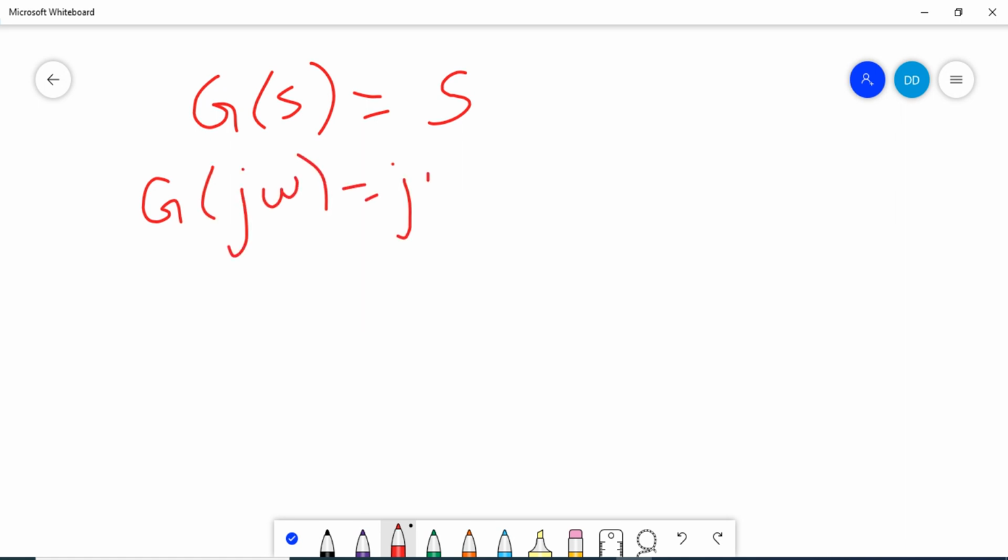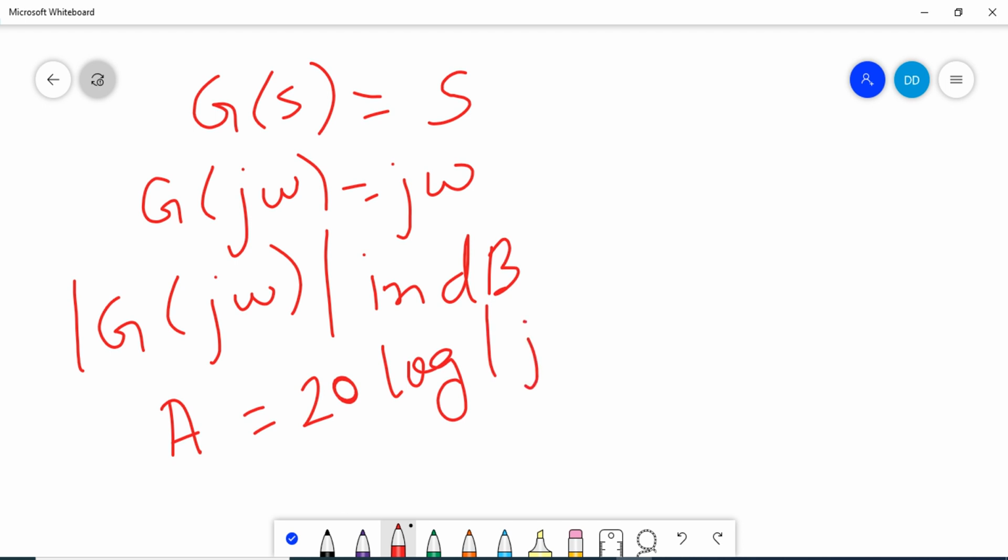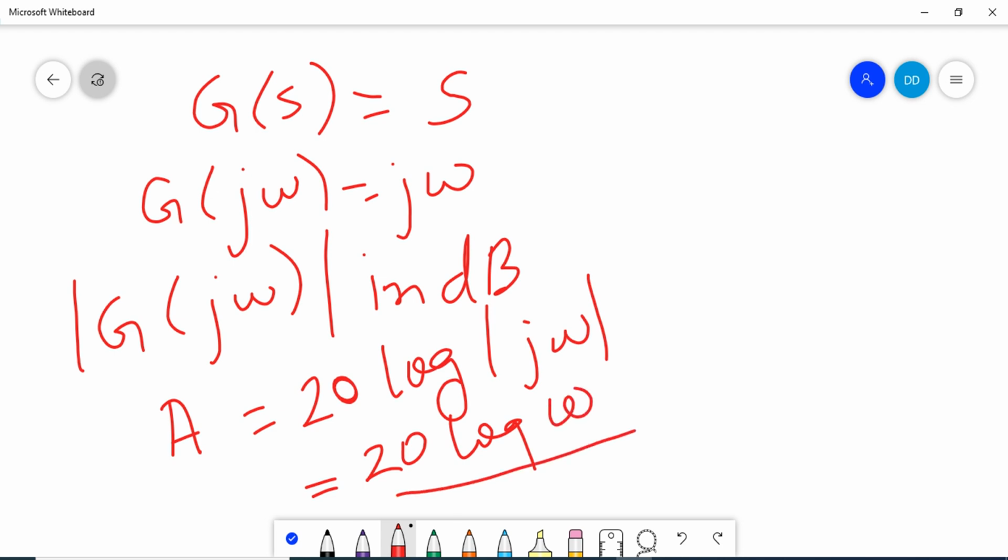Its magnitude in decibels will be given by A = 20 log |jω|, which we can write as 20 log ω. That means this is the equation of a straight line whose slope is plus 20 dB per decade, and it passes through the 0 dB line at ω = 1.